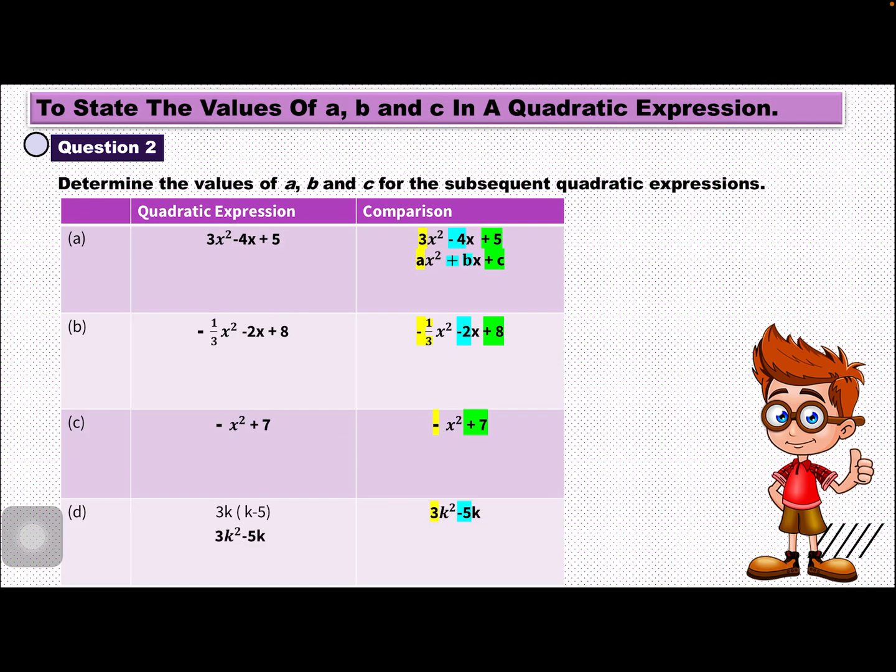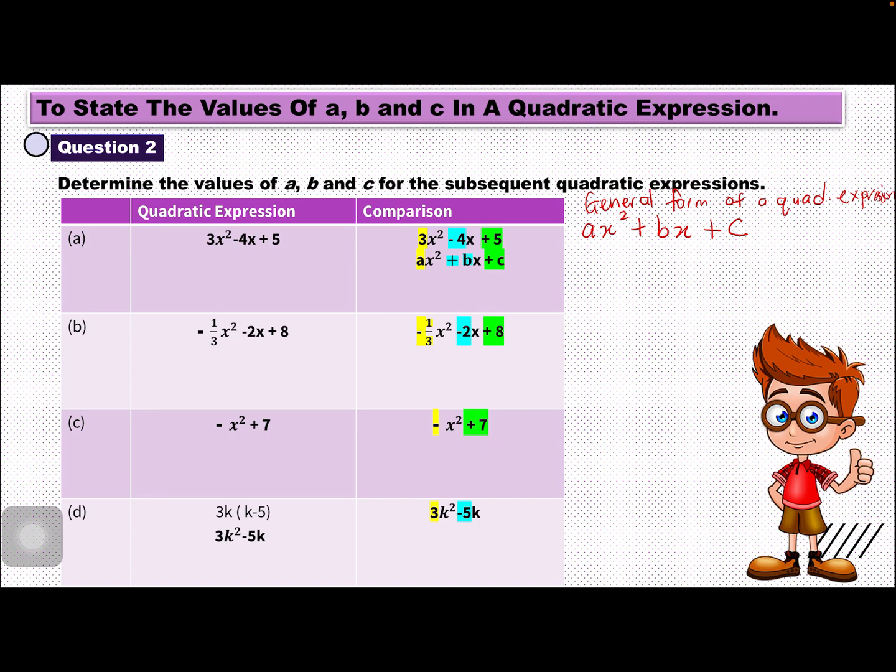Okay, this one, let's look at the A, B and C. The quadratic form that I mentioned just now is ax squared plus bx plus c. Now you have to determine, this is the general form of a quadratic expression.